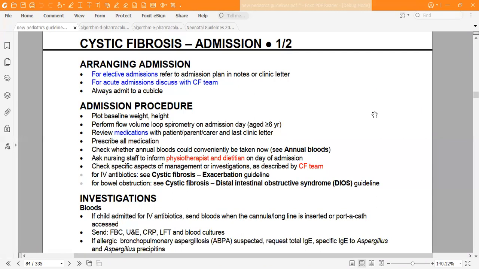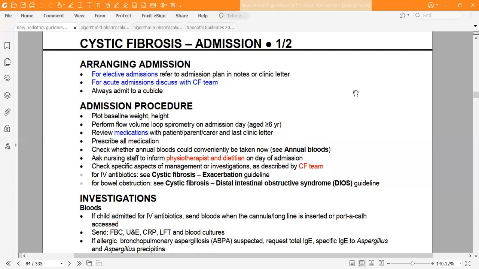Okay, the first thing is cystic fibrosis admission, when you are going to admit a newly diagnosed cystic fibrosis case. Let's start. Arranging for admission: for elective admission, refer to the admission plan in the notes or clinic letter.